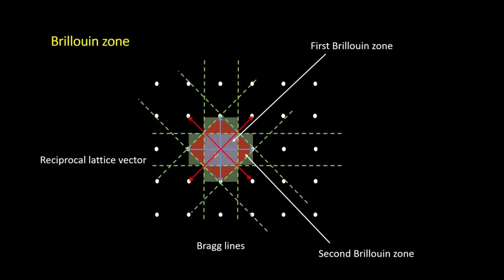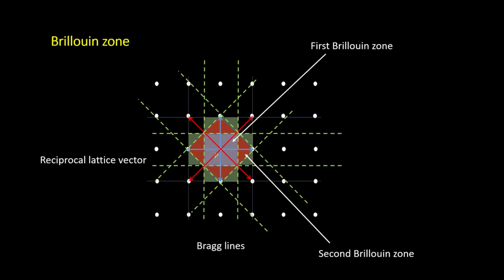The third Brillouin zone, which is given as green shaded areas here, is slightly difficult to understand, and it becomes increasingly difficult to construct the Brillouin zones as we move on to the higher orders. However, to understand most of the properties of the crystals, we need to know about the first Brillouin zone only.